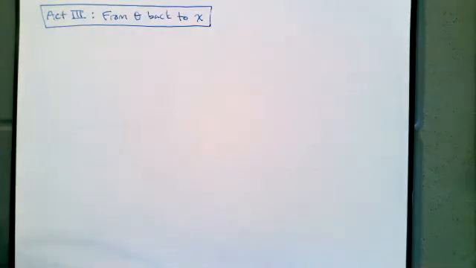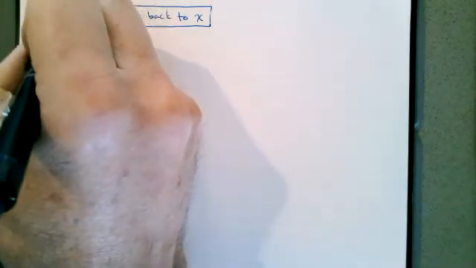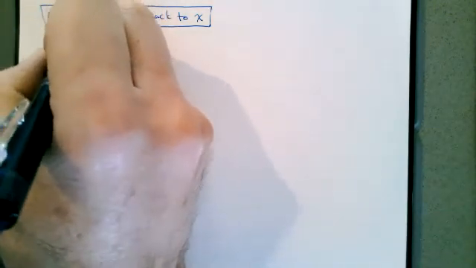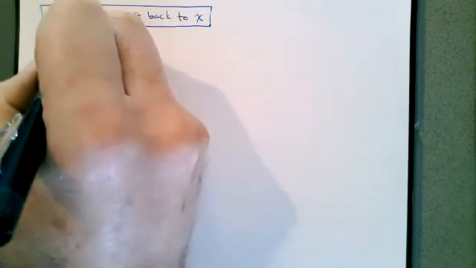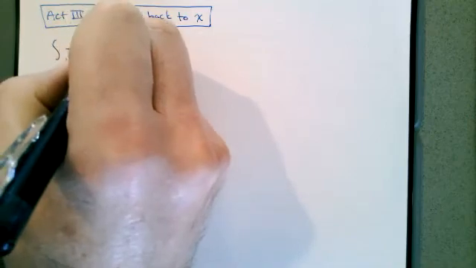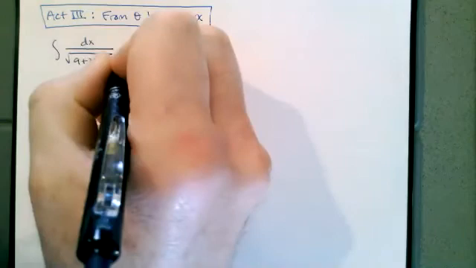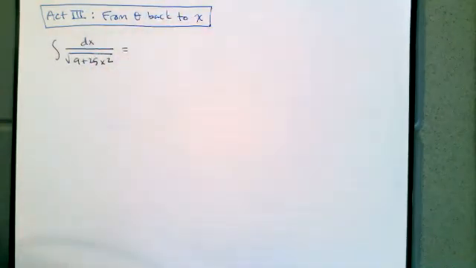So I'm going to use the example that we just did because it's convenient for us. So remember, we started off with the integral of 1 over the square root of 9 plus 25x squared dx. We did Act 1 and Act 2.